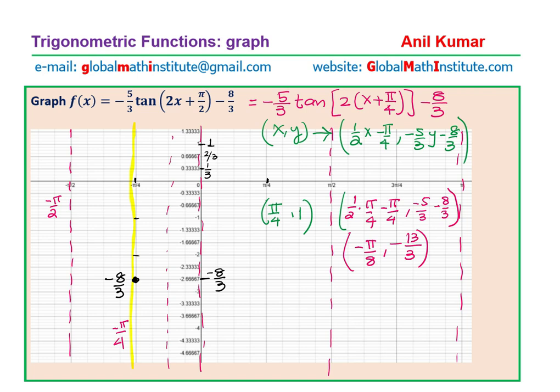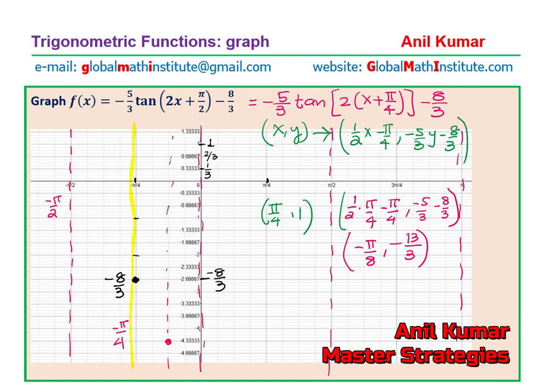This is 8, 9, 10, 11, 12, 13, right? So we get our point here. So minus 13 by 3 means 3 times 4 is 12, so 4 full units and then 1/3. You see, we got our point here, right? That is this point. So the point which was at pi by 4, 1, now is reflected down. And we have it right there, right?